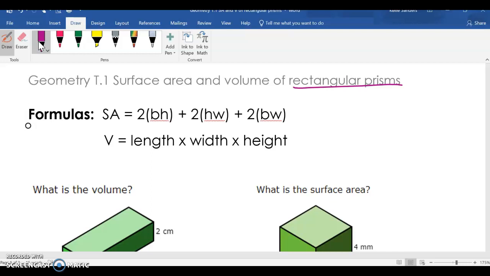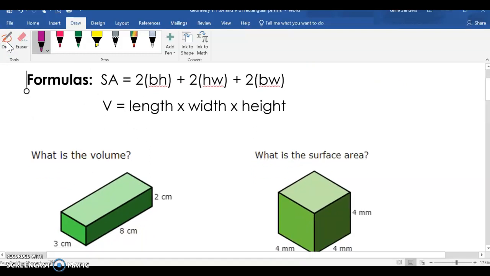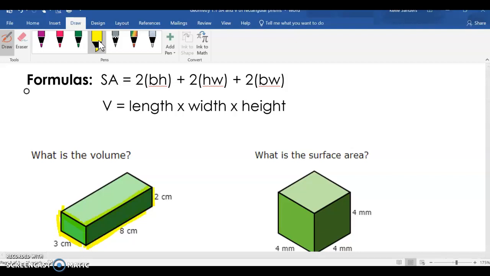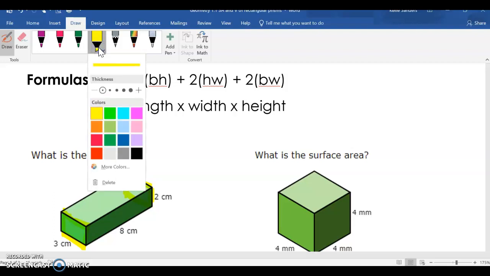Okay, let me show you. It'll have 6 sides. This face is parallel to this face.